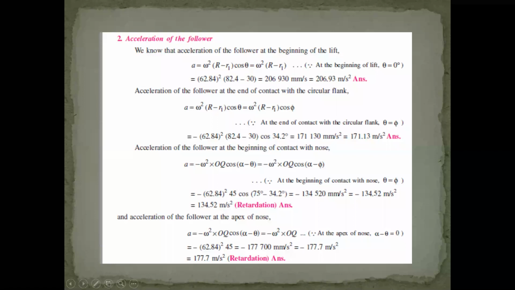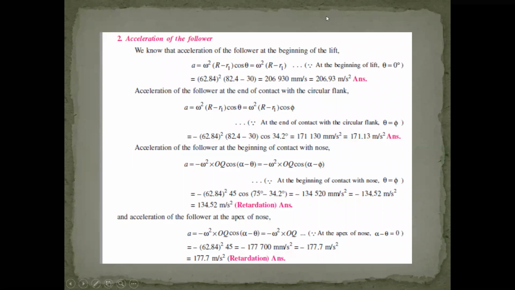But they mentioned here the beginning of the lift, so theta is taken to be 0. Then cos 0 means 1, so the value is omega square into (capital R minus R1). Omega is known, capital R is already calculated, and R1 is also there. So just calculate the values.